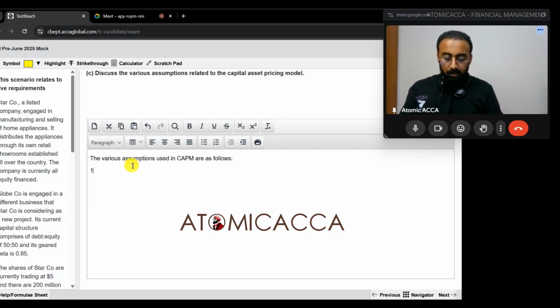All right, so the various assumptions used in CAPM are as follows. Where did we start? We started the steps with de-gearing. What did we say over there about the proxy company? So we are going to just write the title: proxy company.